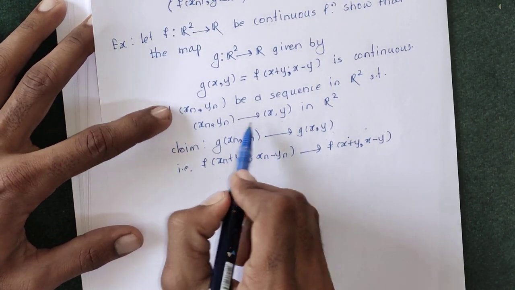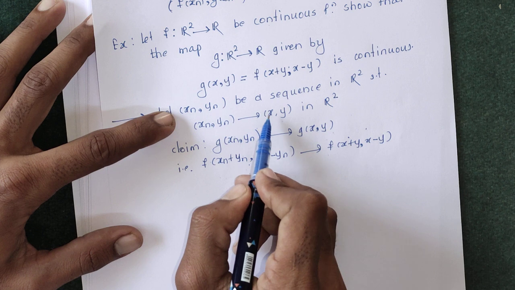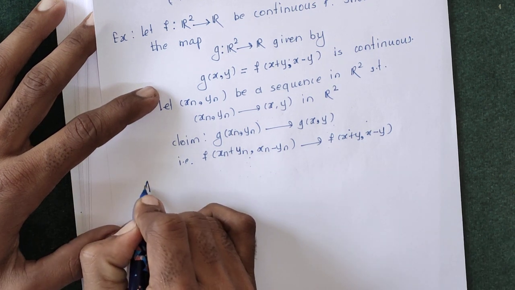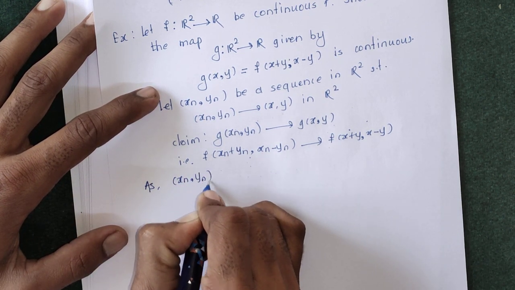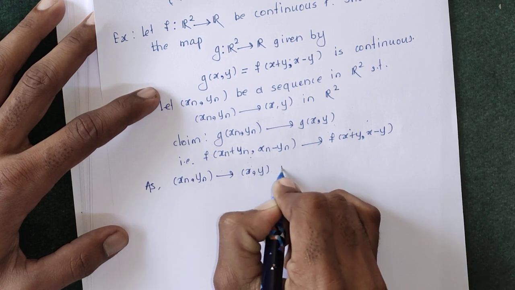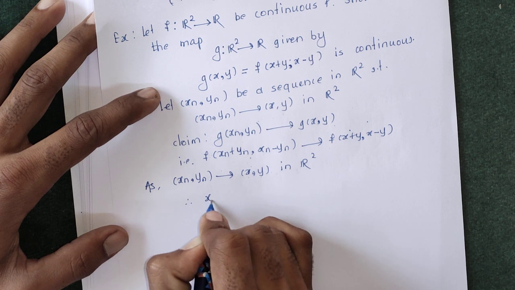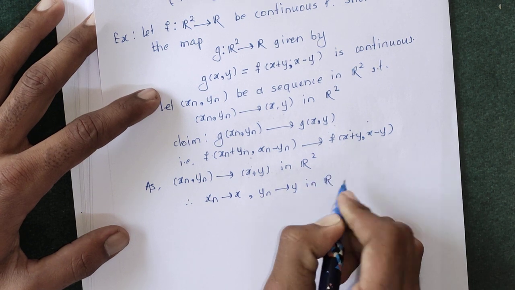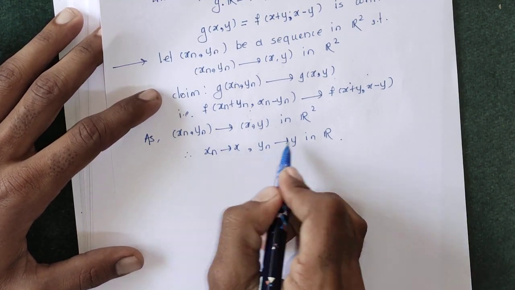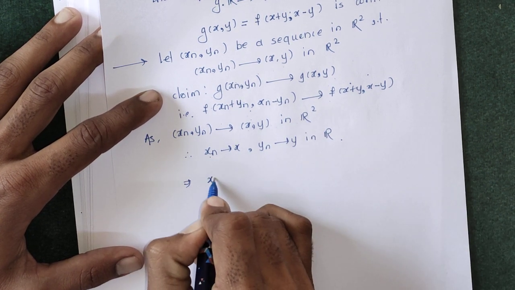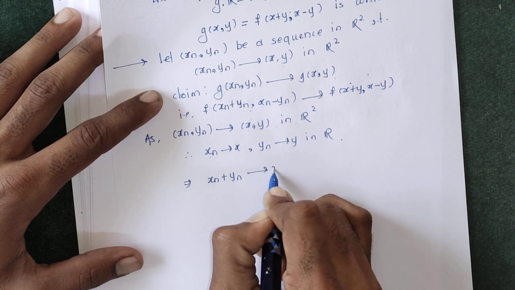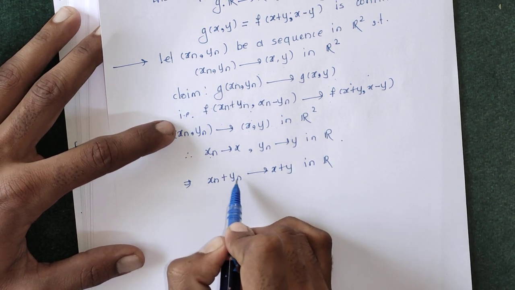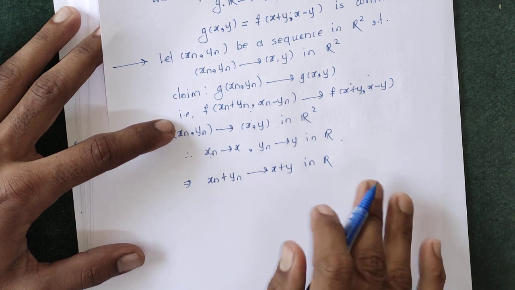Now, as the sequence (xn, yn) converges to (x, y) in R square, we can write xn converges to x and yn converges to y in R. So as these two sequences converge in R, their addition, that is xn plus yn, converges to x plus y in R. This is from pre-analysis on R: the addition of two convergent sequences converges to the addition of their limits.